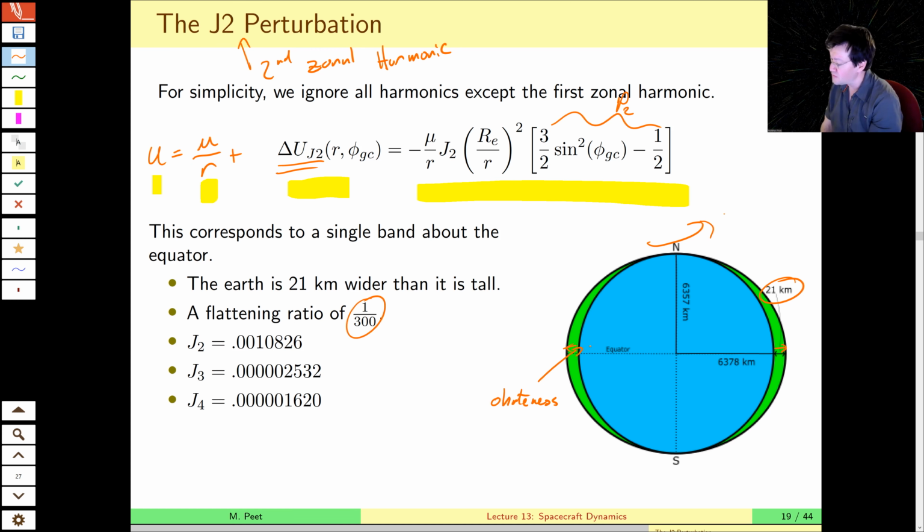So a 21 kilometer mountain is substantial, right? 21 kilometers times, I don't know how many thousands of miles this is, maybe 6,000 kilometers. 21 kilometers times 6,000 kilometers, that's a lot of mass, right? Extra mass accumulating. And we see that effect. That extra mass has extra gravity.